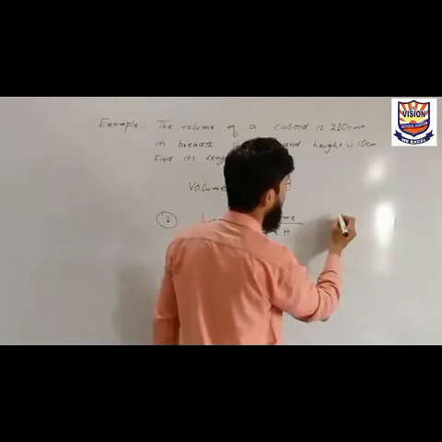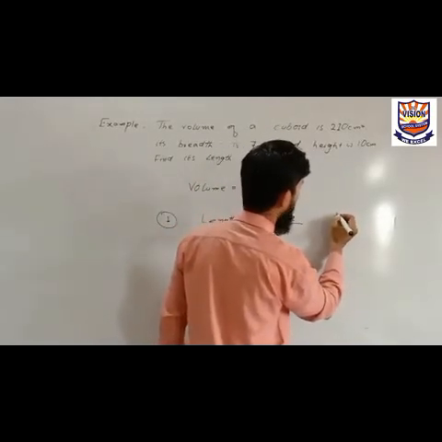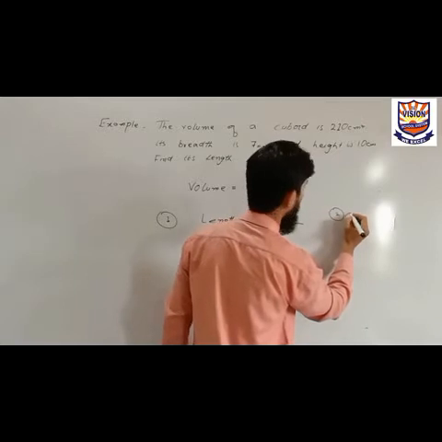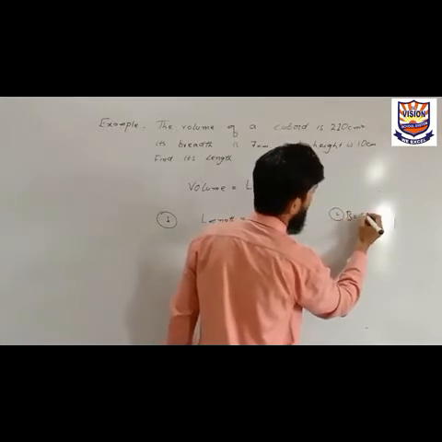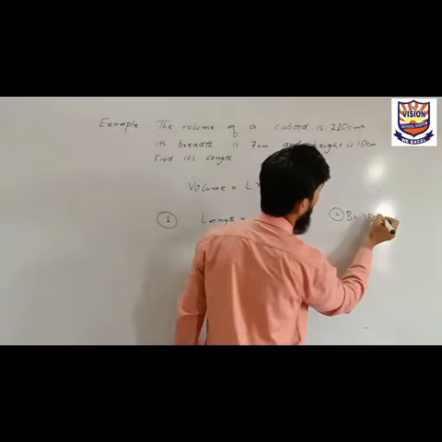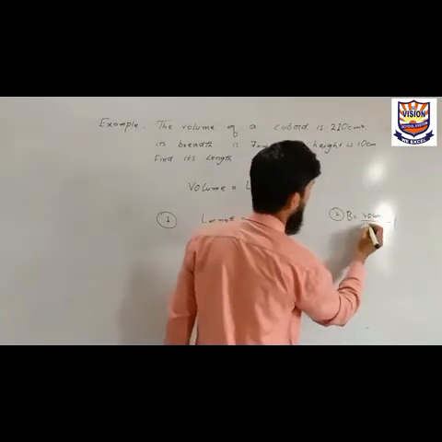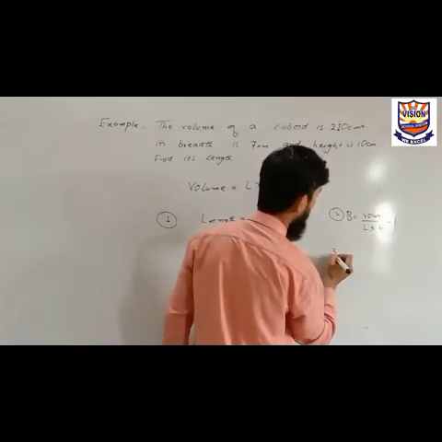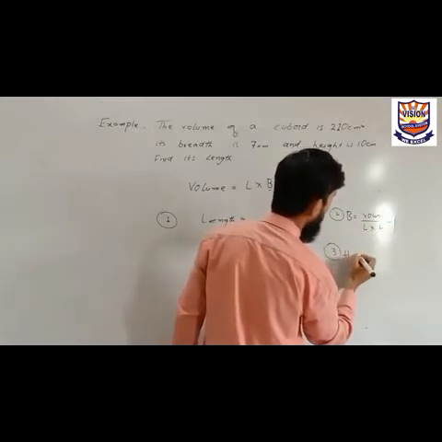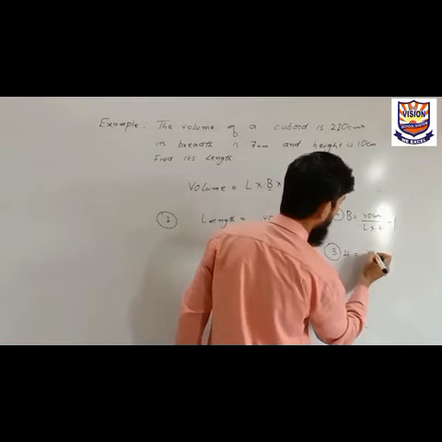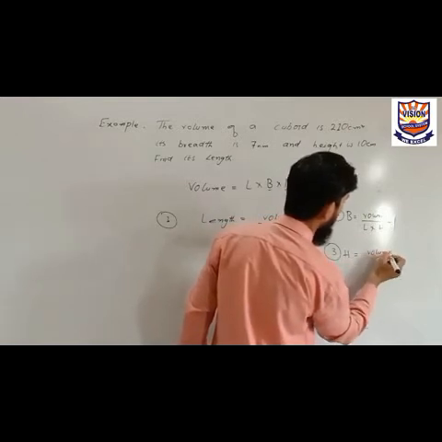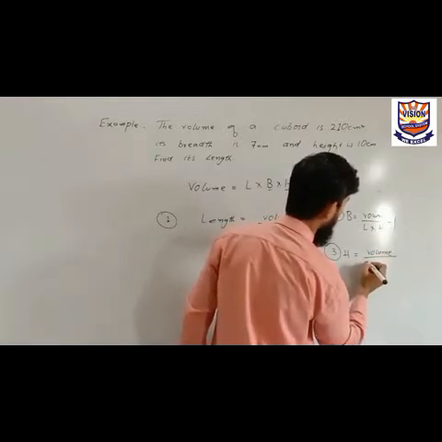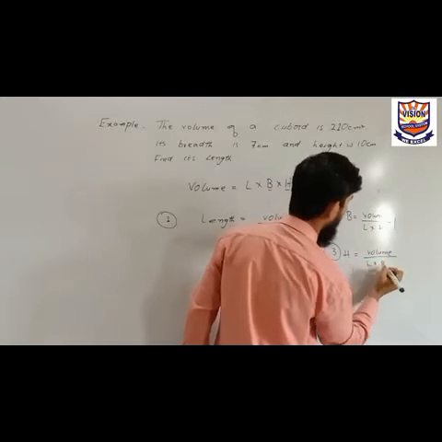The formula to find the breadth will become breadth is equal to volume divided by length into height, and the formula to find height will also become, as it is, volume divided by length into breadth.